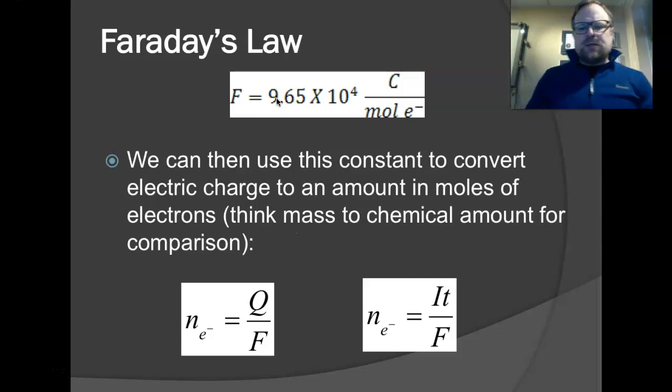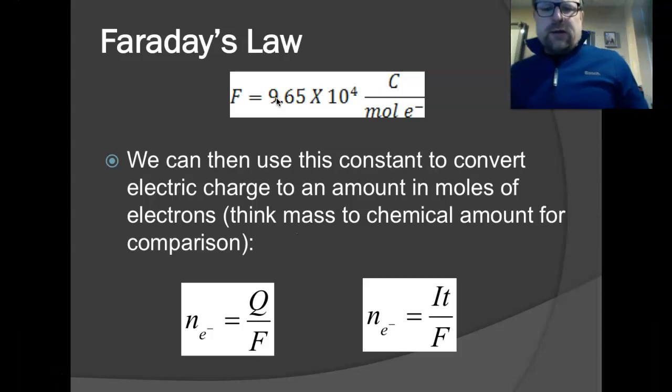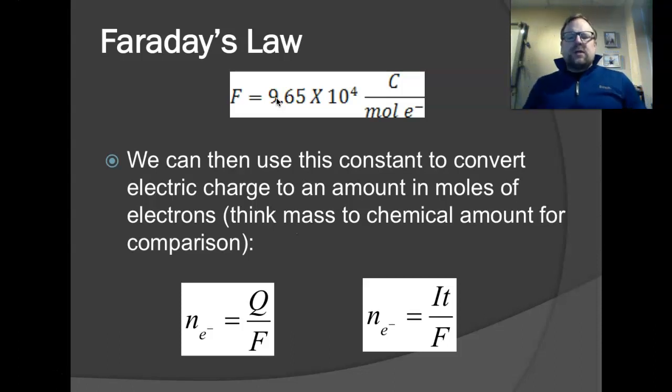We can then use this constant to convert electric charge into amount in moles of electrons. And so that's what leads us to here: the number of moles of electrons transferred is equal to basically the charge over Faraday's constant. If you want to memorize that one, that's fine.